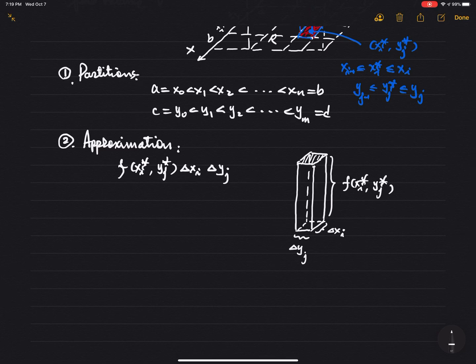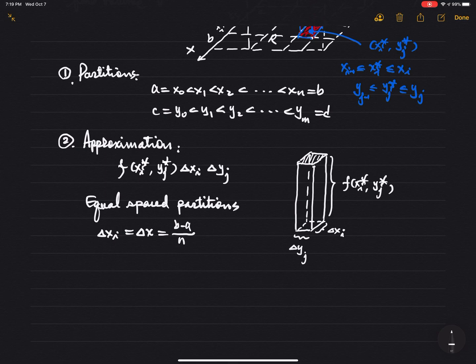Now, again, if I use equal spaced partitions, then delta xi is equal to delta x is equal to (b minus a) over n, just like before, and delta yj is equal to delta y, that's equal to (d minus c) over m.